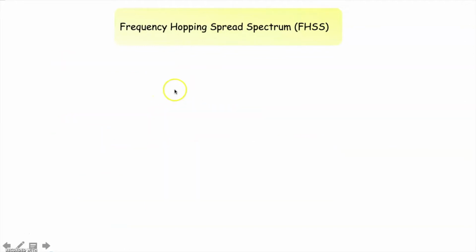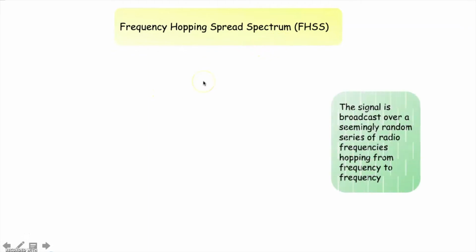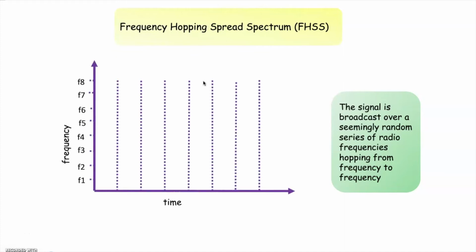In frequency hopping spread spectrum method, the signal is broadcast over a random series of radio frequencies. To illustrate this, let us consider this figure. Here, the x-axis represents the time and the y-axis represents the frequencies. Now, in a fixed channel transmission, if for example f1 is used, then f1 will be used for the whole time.